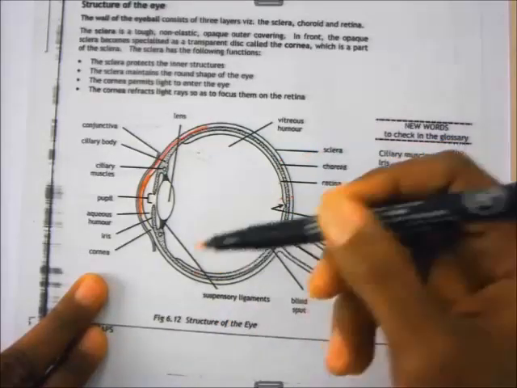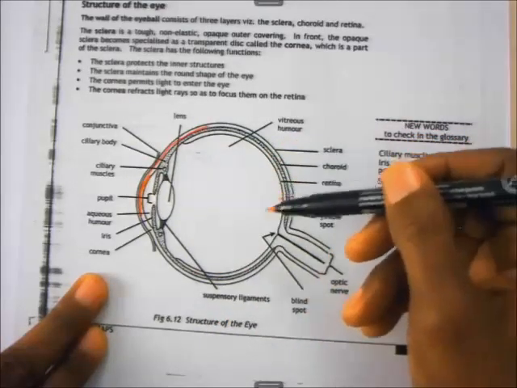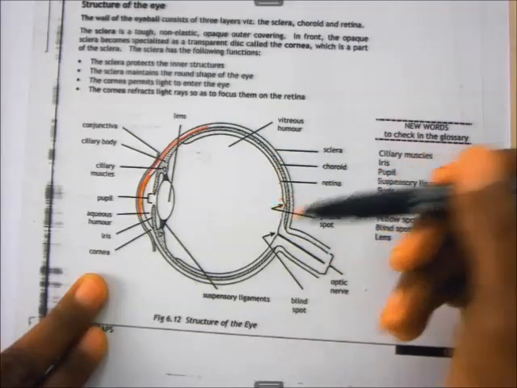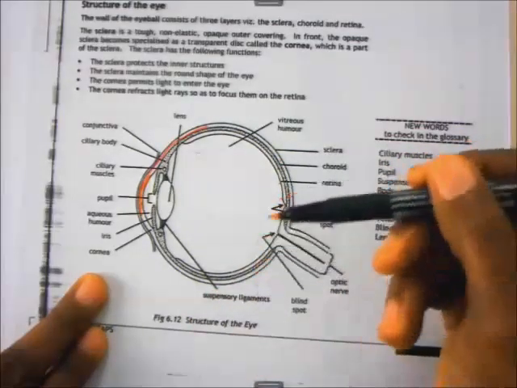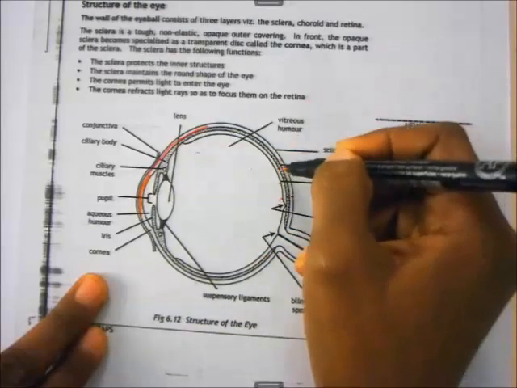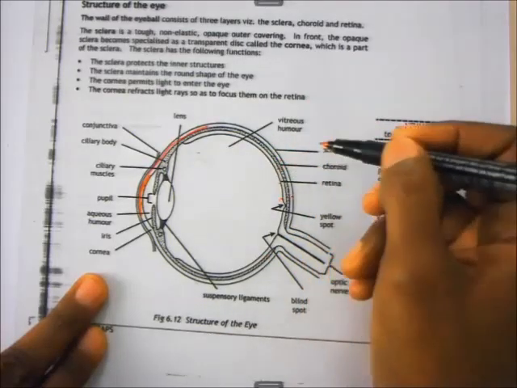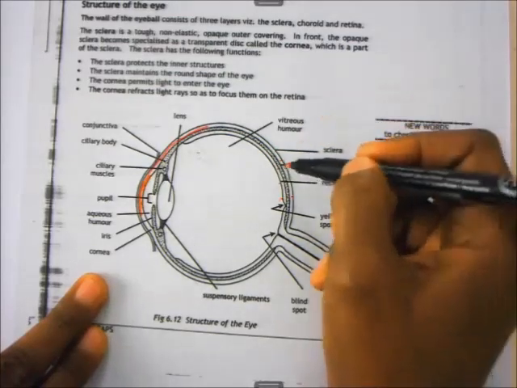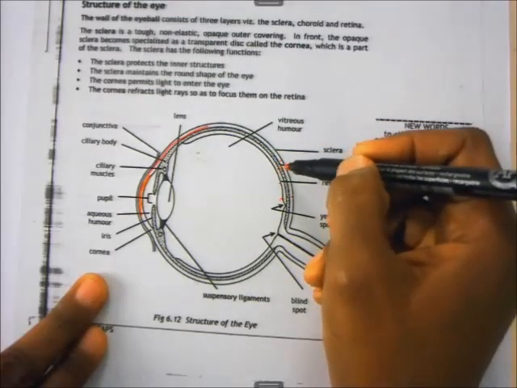And again, I said the choroid is pigmented, meaning that it is darkish in color. Anything that is dark, we know it to absorb the light rays. Okay, now let me quickly talk about the functions of the choroid. So number one, I said the choroid is pigmented.